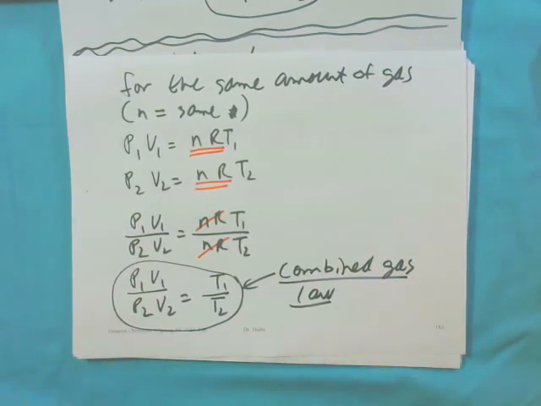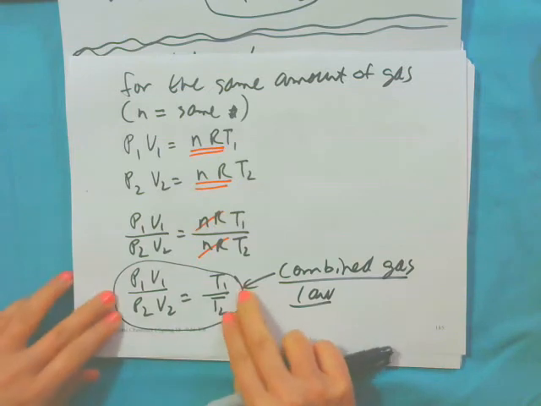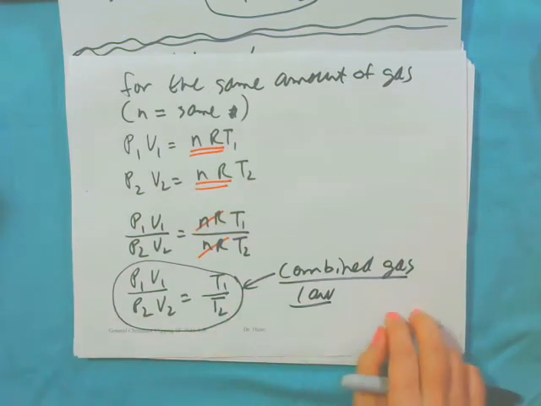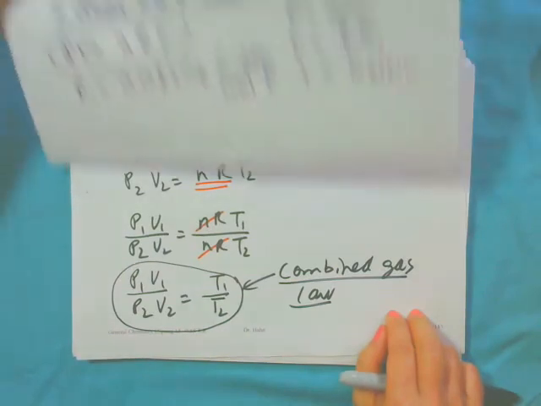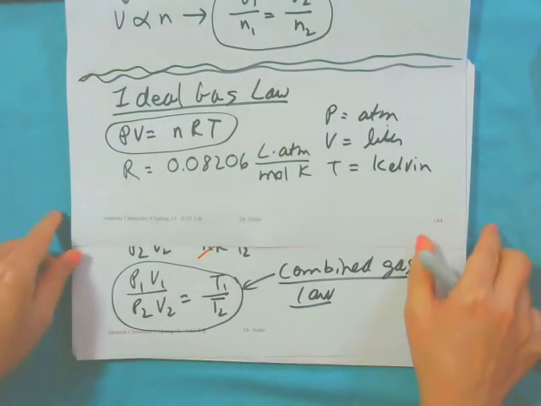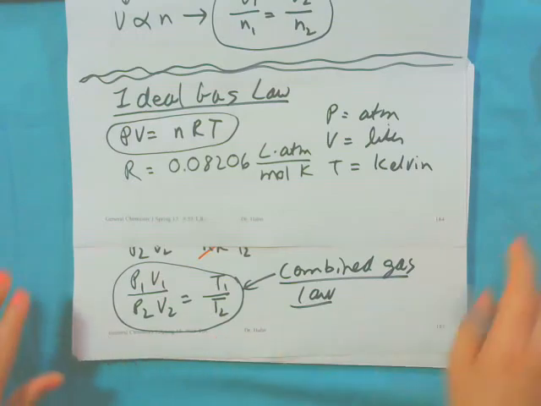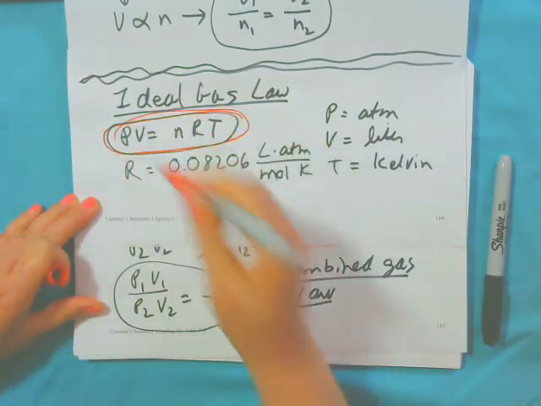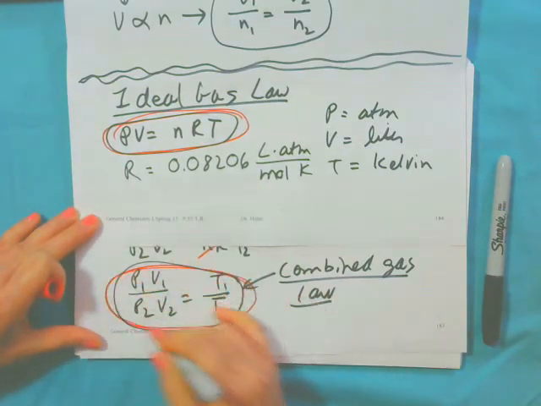Now, if you look in your textbook, they arranged it a little bit differently, but it's basically the same equation. They just arranged it so that the actual variables don't show up exactly in the same place. But here are the two equations that we're going to be using during the course of this chapter the most.